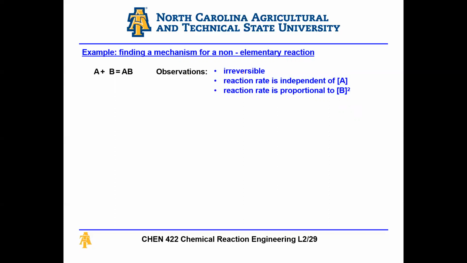First of all, the reaction is irreversible. Second of all, the reaction rate is independent of A. Third of all, the reaction rate is proportional to B squared, okay? So how do you define the mechanism?